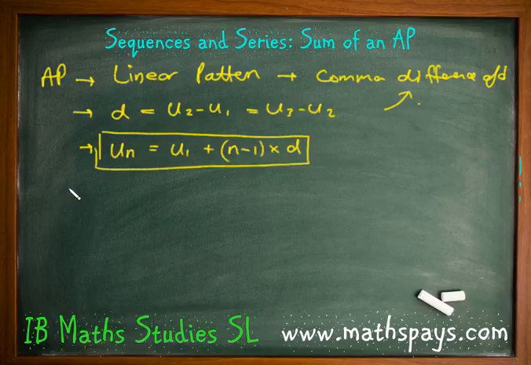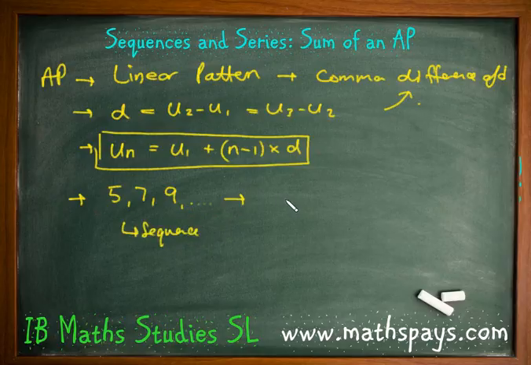Okay, so what are we looking at today? Well, if we look at an example, I think we've done this one before: 5, 7, and 9, where we have a U1 of 5 and a difference of 2. We might now be asked to add them together, 5 plus 7 plus 9, which is now becoming a series, and of course it's an AP series.